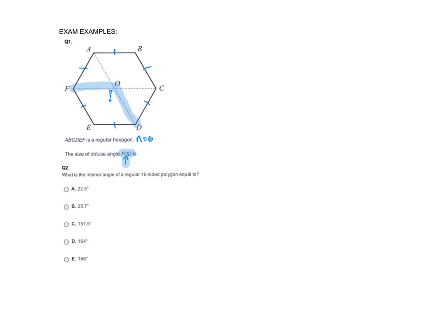Now, remember before I said if you have a regular, which they did tell me, didn't they? They said it's a regular. Remember we said we could break that up, because it's a 6, I could get 6 equal triangles, couldn't I? And remember I said that this would be 360, wouldn't it? So if I divide 360 by the 6 triangles, 1, 2, yeah?